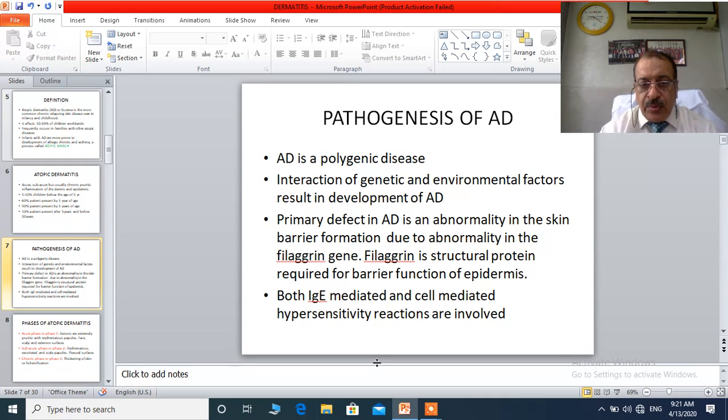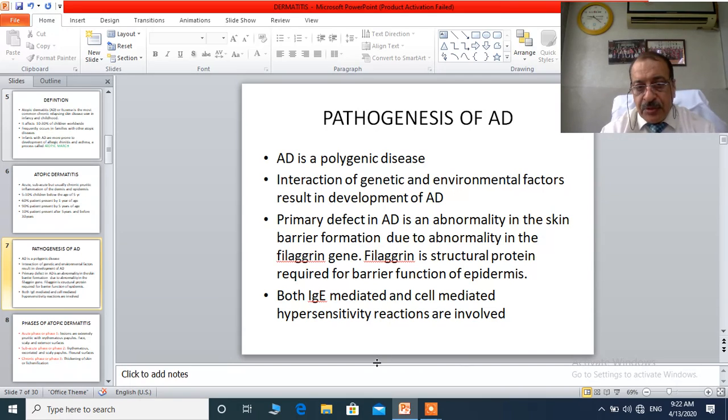As you all know, the epidermis and dermis are important barriers against the invasion of the skin by microorganisms.